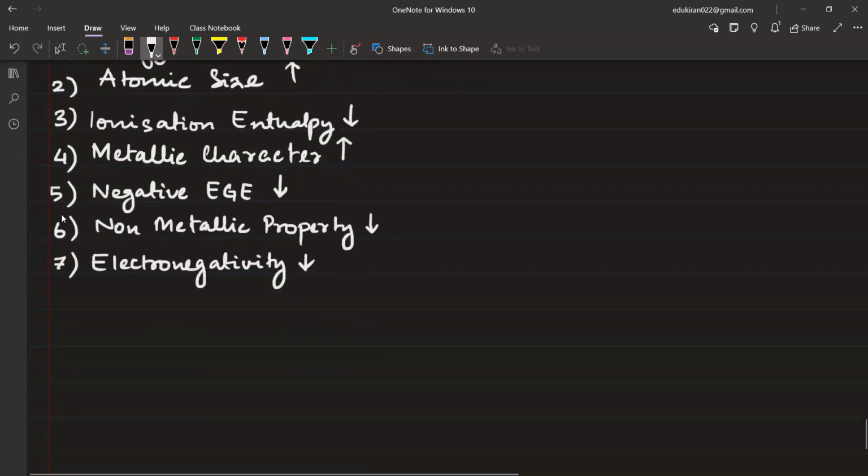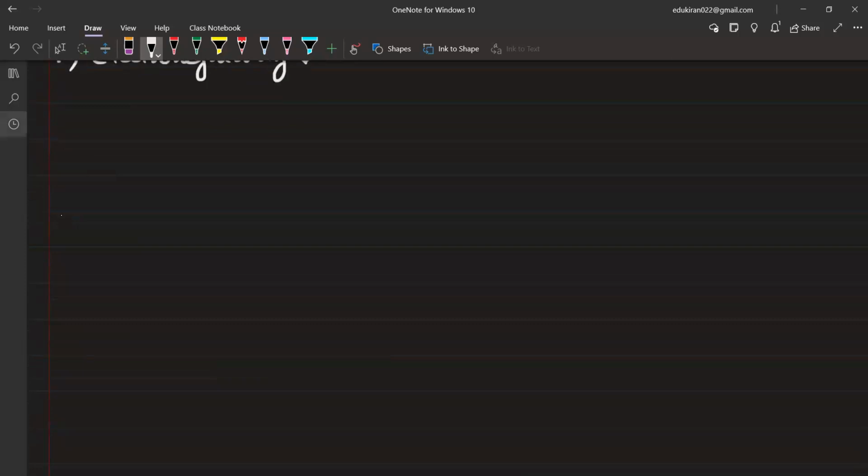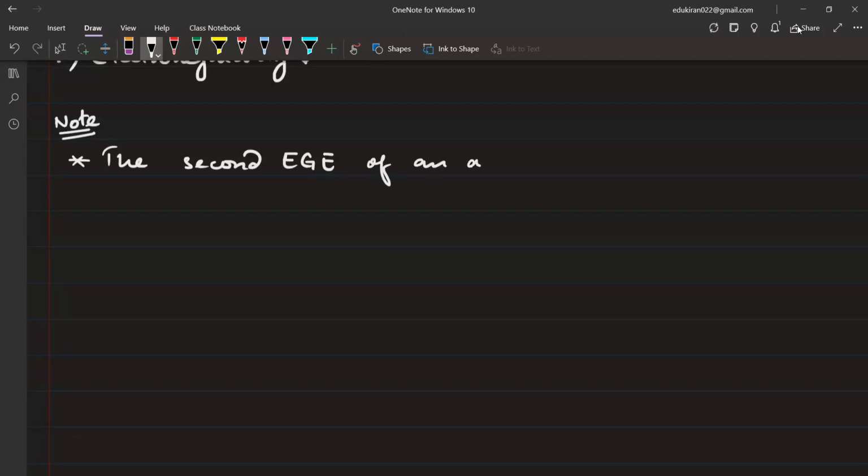Now, there is a note that I forgot to write in the electron gain enthalpy remark point. Please write that now. Note: the second electron gain enthalpy of an atom will always have a positive value.